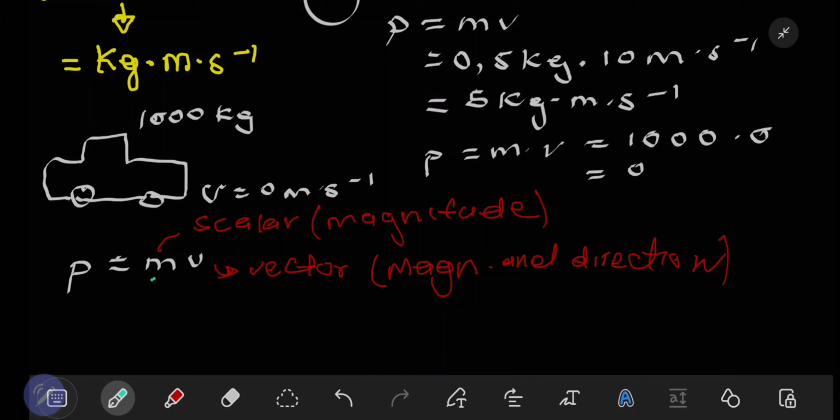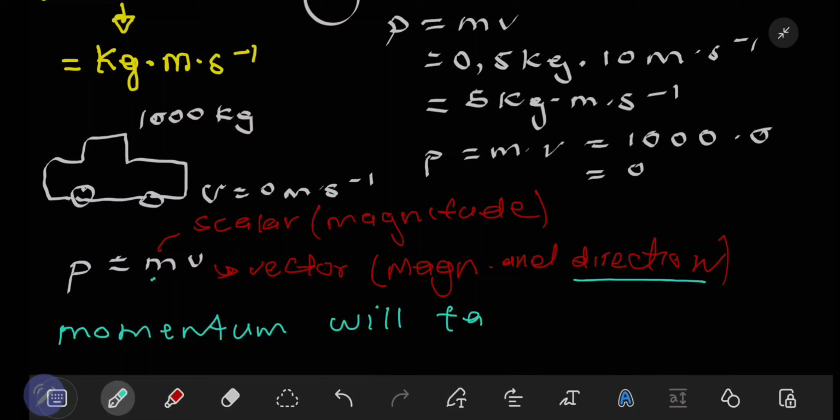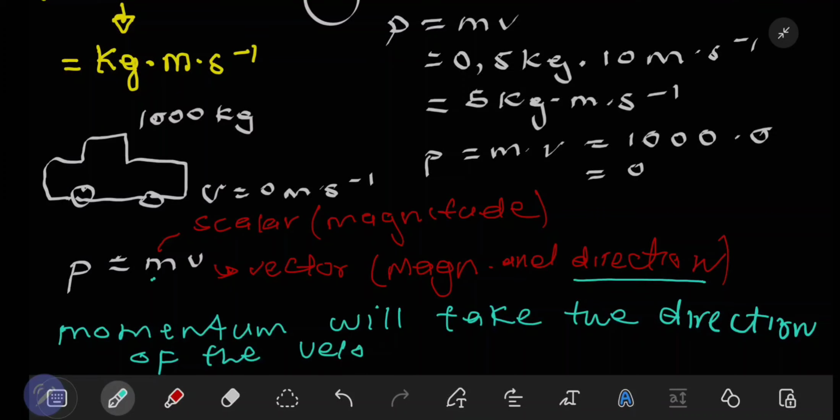So momentum will take the direction of the velocity, because it's the only quantity which has direction. From now on, momentum will take the direction of the velocity.